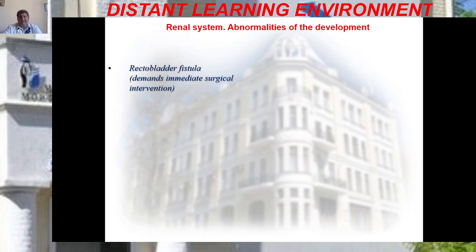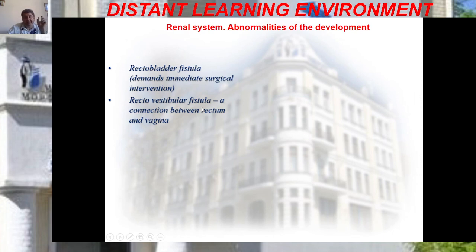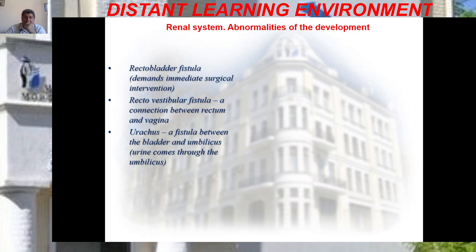Next, you may see abnormalities: rectovesical fistula, which demands immediate surgical intervention; rectovestibular fistula. This is a connection between rectum and bladder, or between rectum and vestibulum of vagina. Next abnormality is urachus.